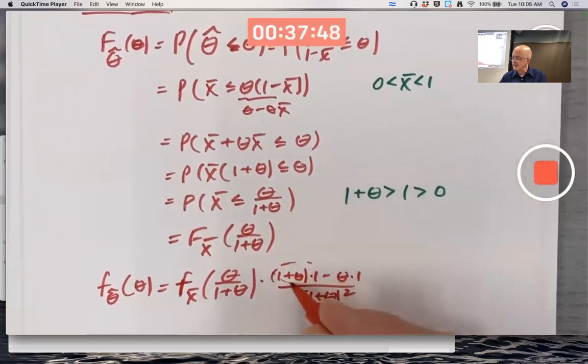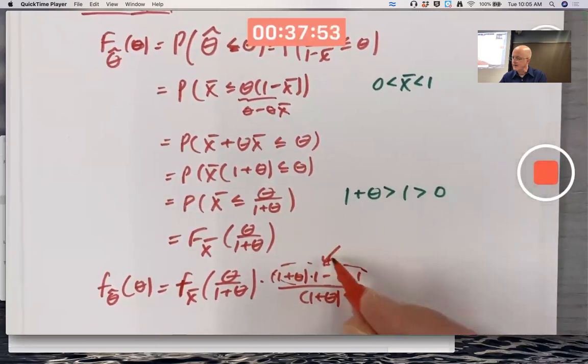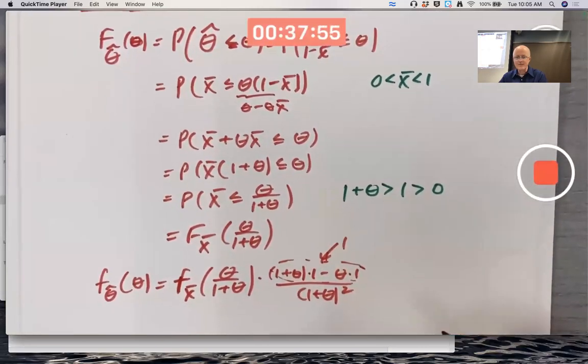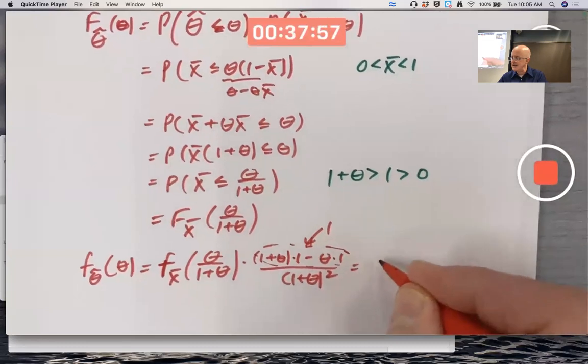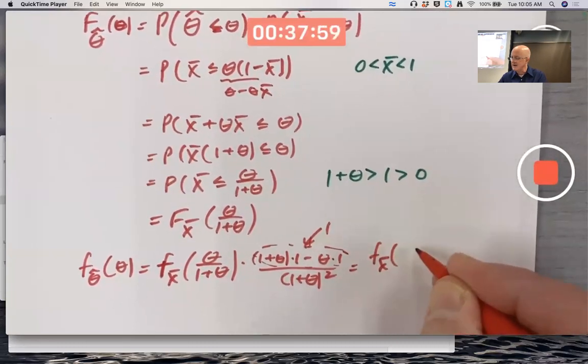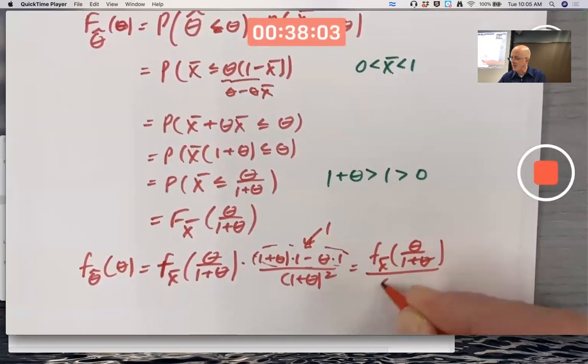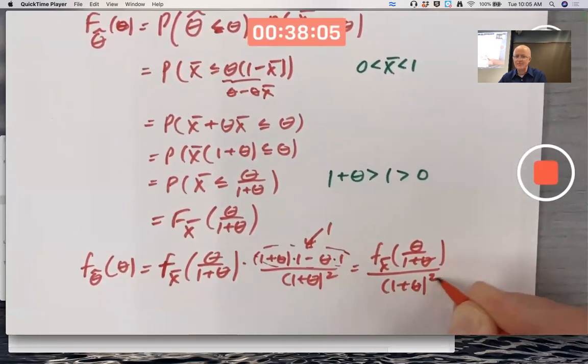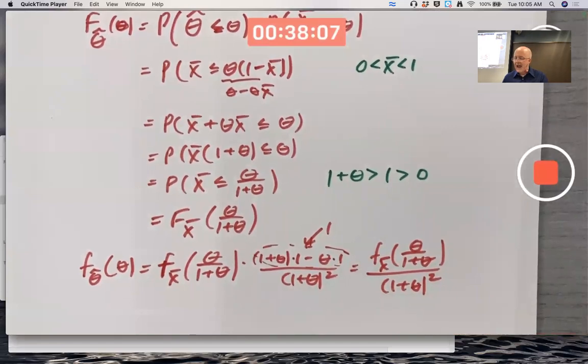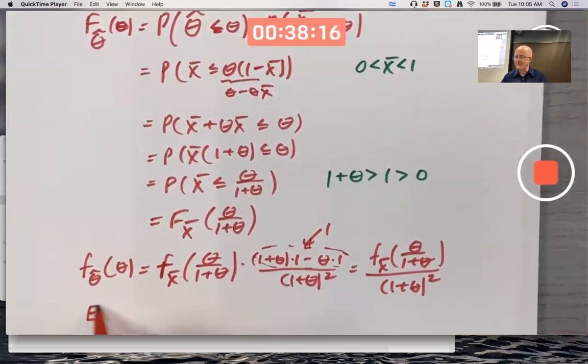This up here simplifies to just a 1. The thetas cancel. So it looks like the PDF of X bar evaluated at theta over 1 plus theta, divided by 1 plus theta squared, would be the PDF of theta hat. And you'd have to integrate theta times that to get the expected value of theta hat.